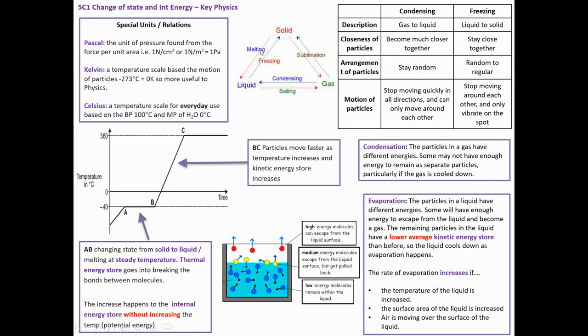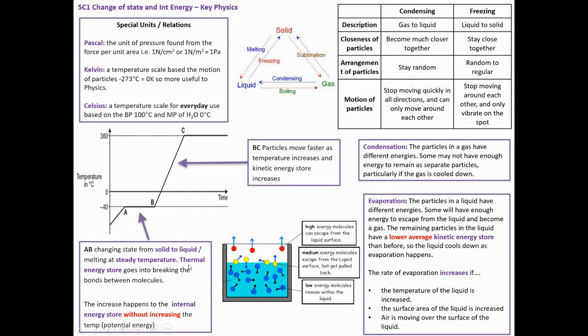You've got to be able to explain it. Specifically, you should be able to talk about the change of state graphs. So you're looking at how things are melting and heating up and the particles move faster. In this example graph, B to C, particles move faster as temperature increases, and the kinetic energy store goes up. Whereas this part, A to B, or it could be C and further on, in this case is going from a solid to a liquid, and the temperature's steady.